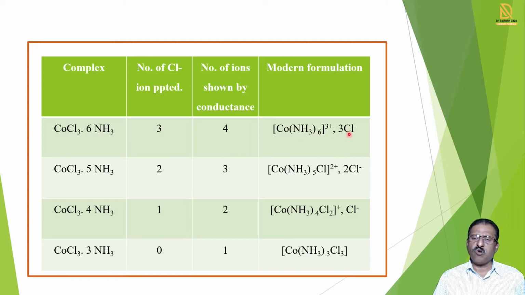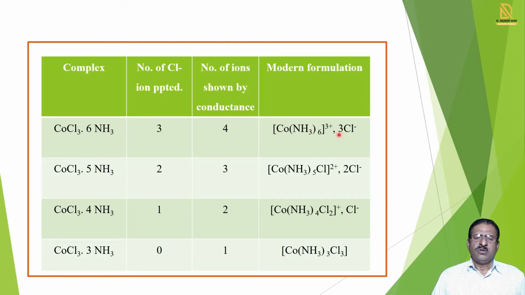The total number of ions present, shown by conductance, is 4. Here [Co(NH3)6]3+ is the complex ion, and 3 Cl- ions are present, so a total of 4 ions.